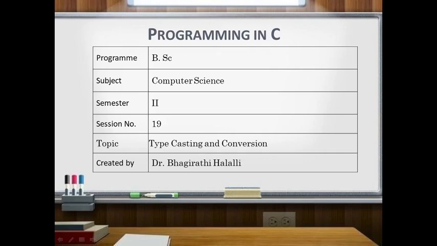As in the previous class, we have discussed what an expression is, a normal expression, a mathematical expression, and how you could convert a mathematical expression to its equivalent in the C programming language. And then we have evaluation.